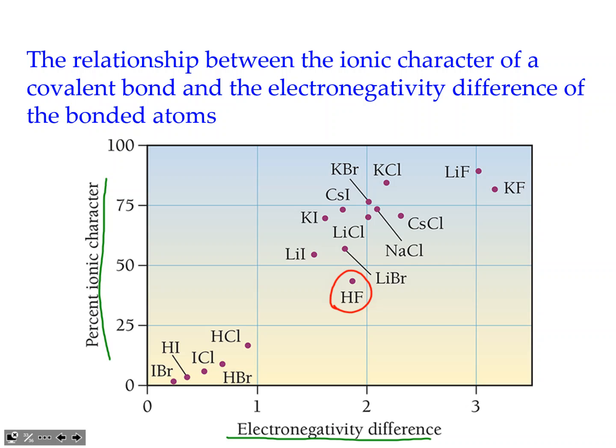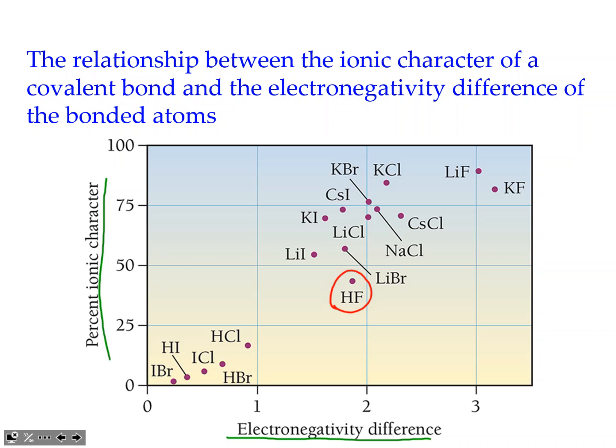Even though the electronegativity difference seems like it should be placed there, it really doesn't have any of the other properties that ionic compounds do. Ionic compounds can conduct if they are melted. They can conduct in water. They are brittle as solids and things like that. And they have really, really high melting and boiling points. HF does not fit that operational definition of the physical properties of ionic compounds.